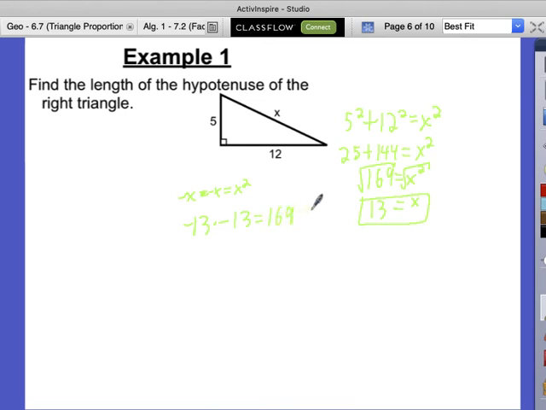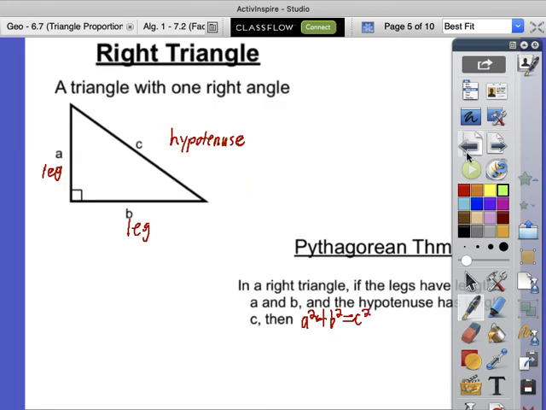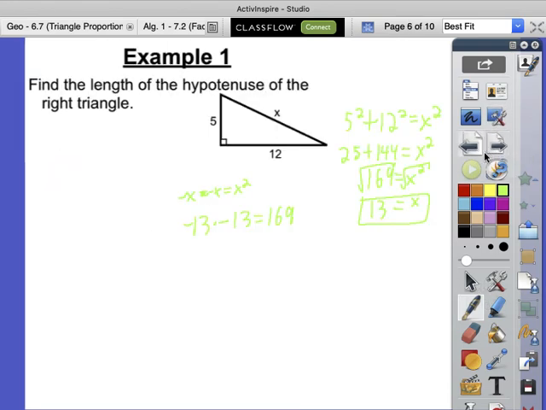Why did you get squared? We're doing the Pythagorean theorem, which is a squared plus b squared equals c squared. Thank you for asking, Kevin. If we weren't doing length, how would you know if it was negative or positive? You put both: positive or negative 13. Good question. Any other questions on this one?